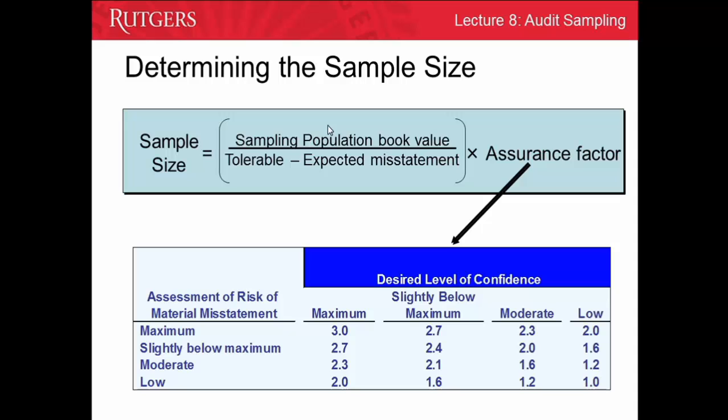The assurance factor is identified by determining the level of desired confidence and the risk of material misstatement. This table demonstrates the assurance factor for various combinations of desired confidence and risk assessment.